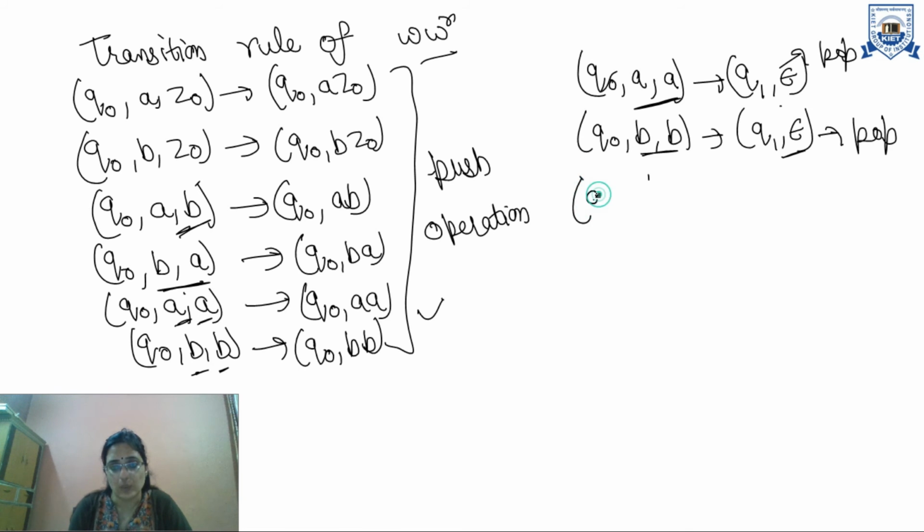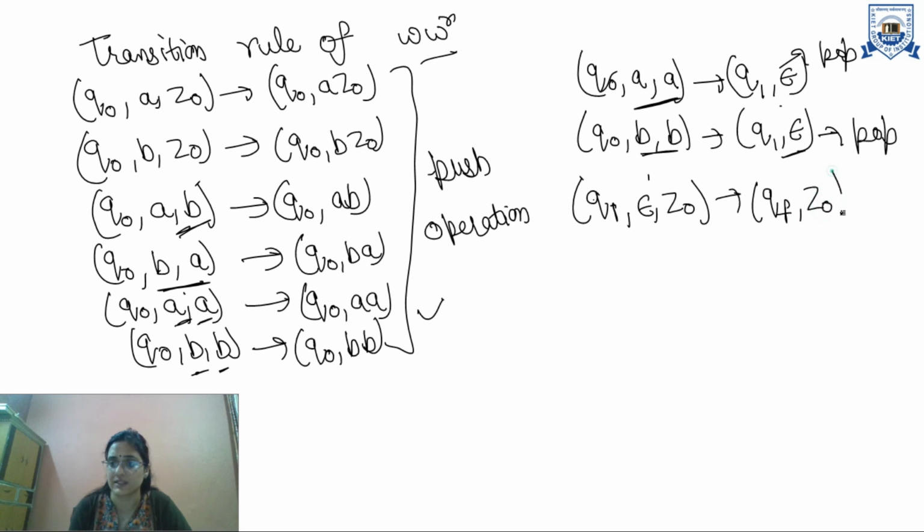At last, when our input string is finished, that means now I have performed all the push and pop operations. That means now no input string is there, no input alphabet is there, and top of the stack is Z0, and then I am going to the final state.